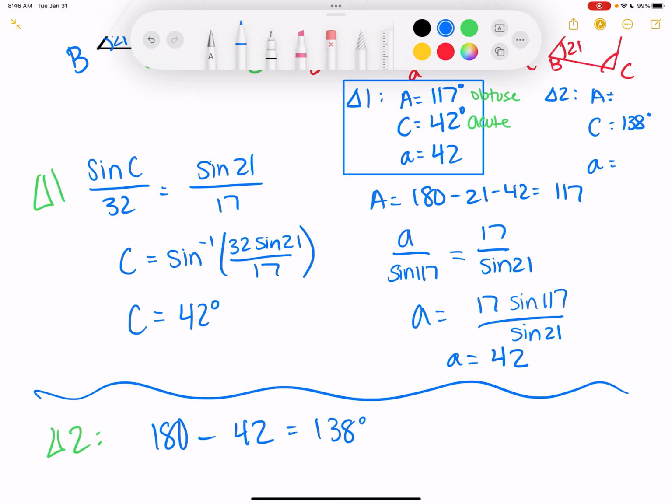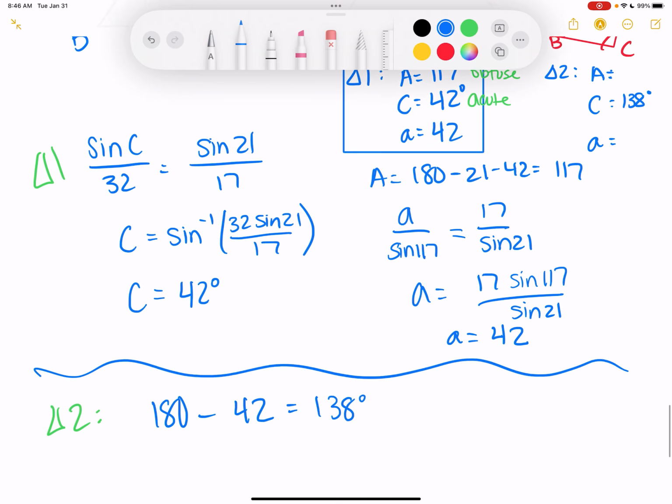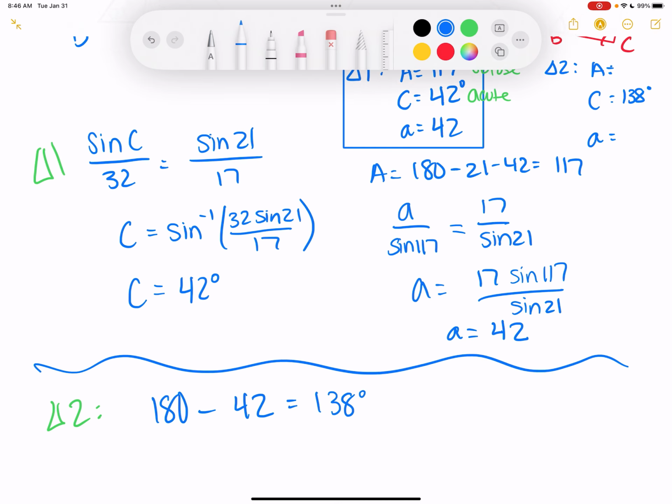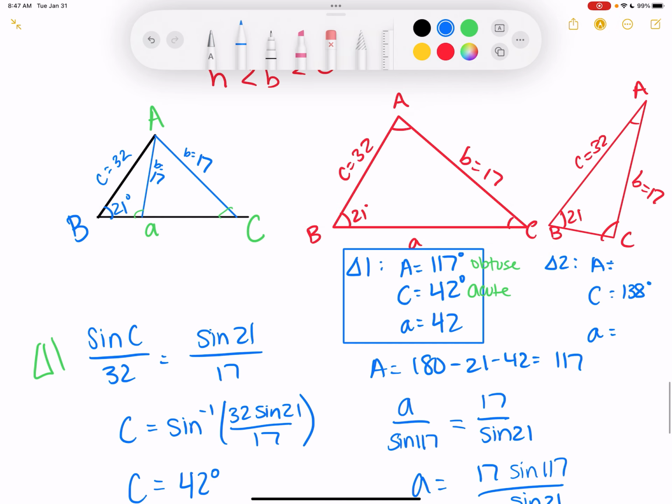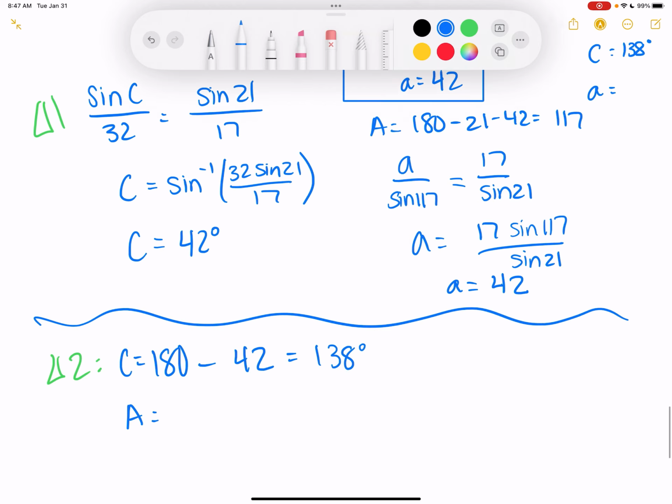So you take the angle that was your original, your first original angle, and you do 180 minus that every time when you're doing two triangles. So then that gave me C. So then to find A, I still use, obviously, the 21 degree angle that was given.